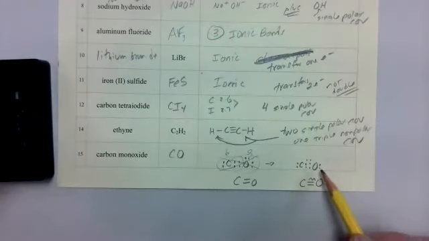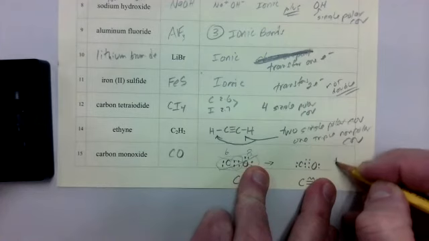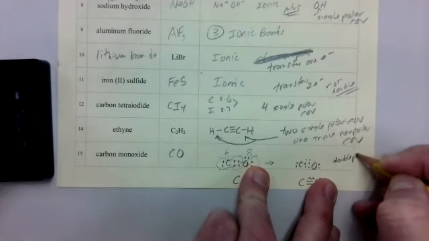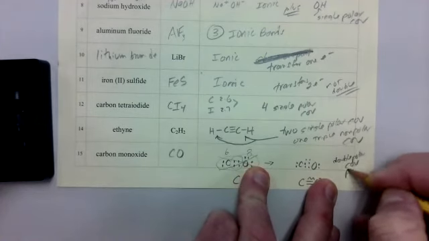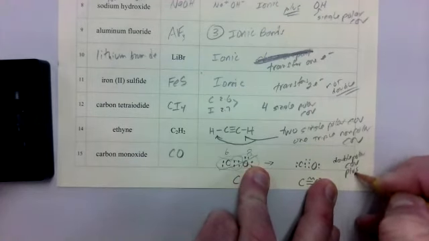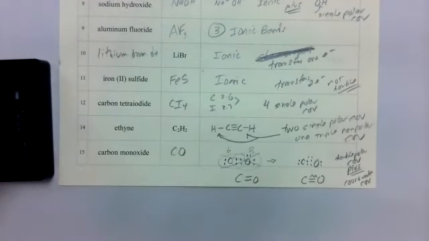It's a double bond plus something weird called a coordinate covalent bond. So we have a double polar covalent plus the coordinate covalent bond, and that's our only example in high school chemistry of a coordinate covalent bond.